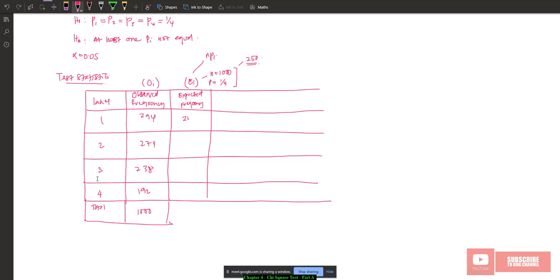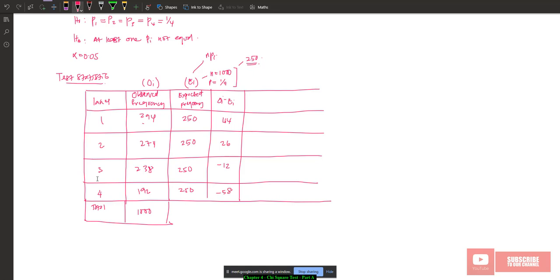Each category has the same expected frequency because our argument is that all lanes have the same preference: 250, 250, 250, 250. The next column is the difference between observed and expected: 294 minus 250 is 44, then 26, negative 12, negative 58.